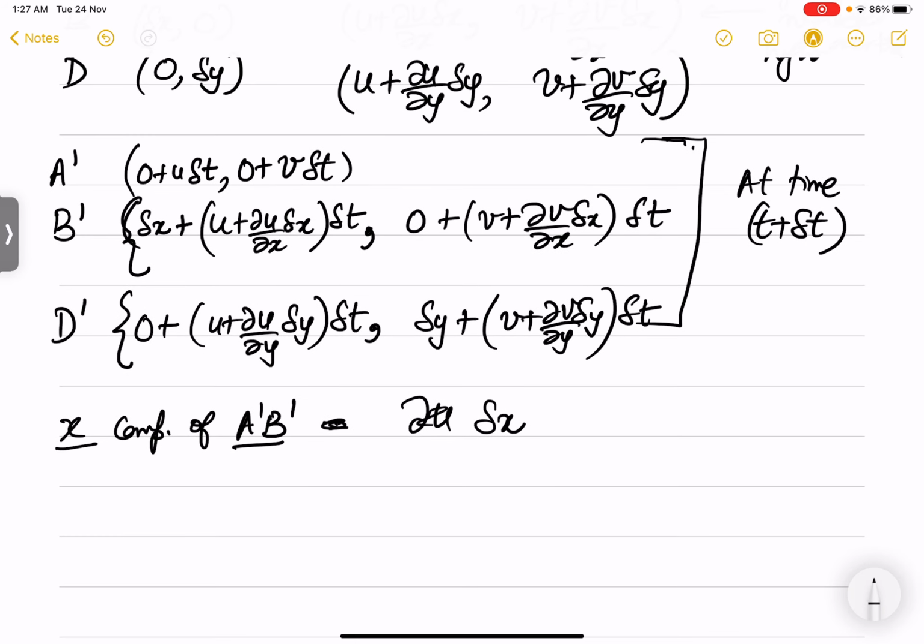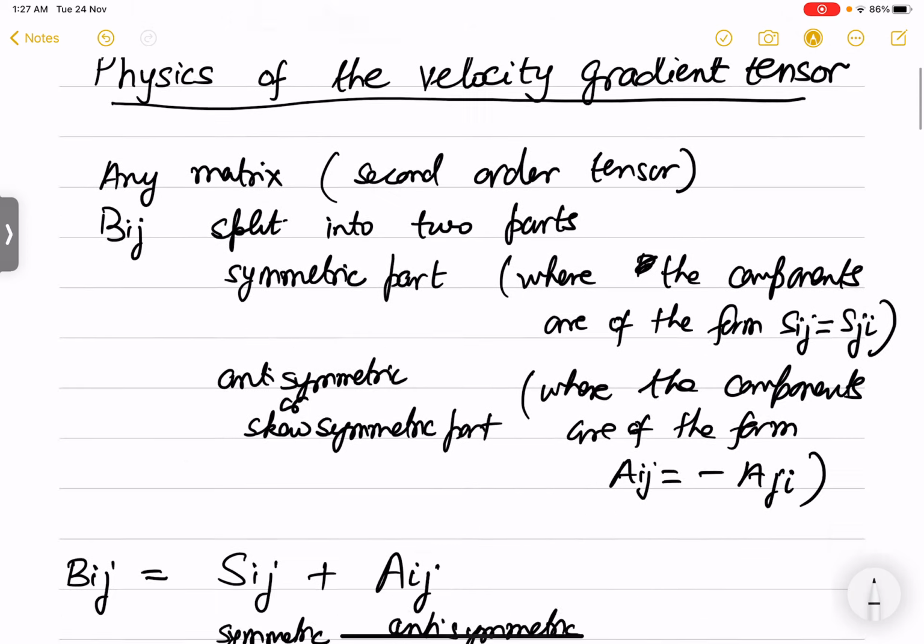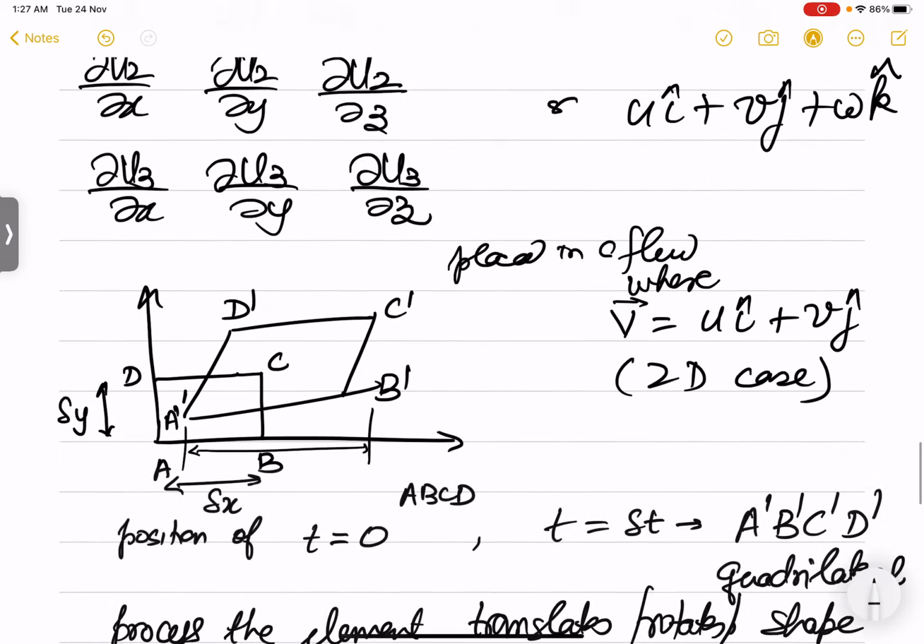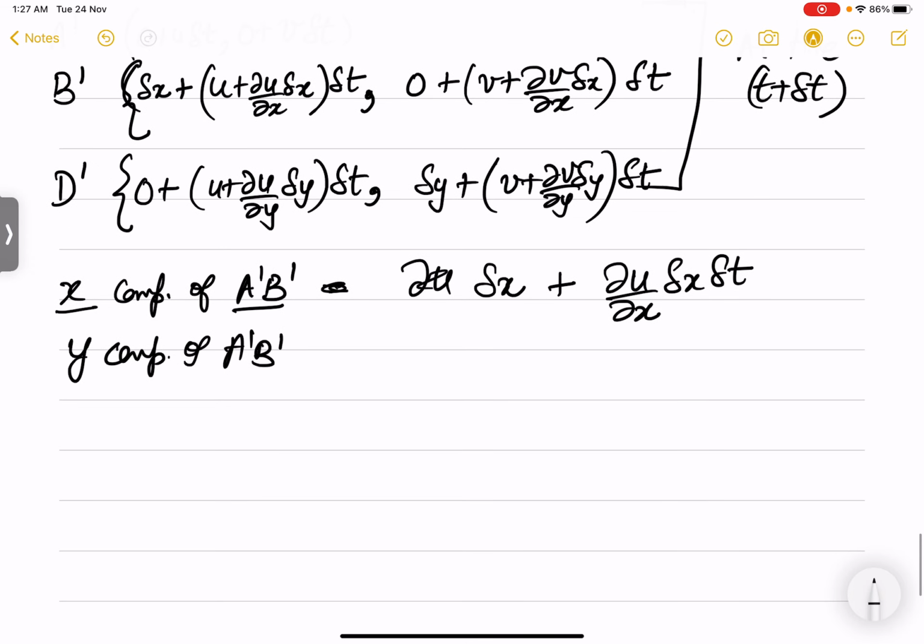I subtract the two values of x component. So I get delta x plus partial u by partial x delta x delta t. Similarly, the y component of A prime B prime, I subtract the two y components, so this y component will be equal to partial v by partial x delta x delta t.